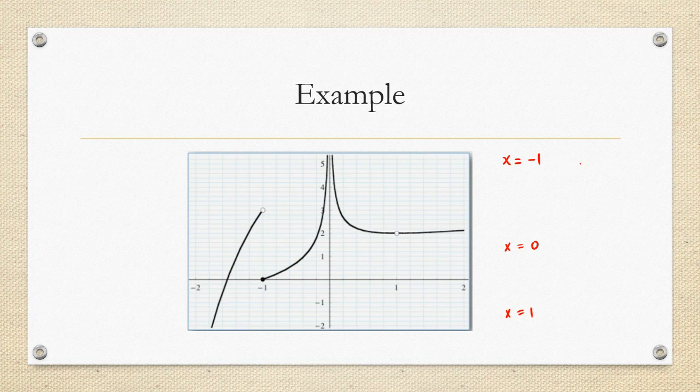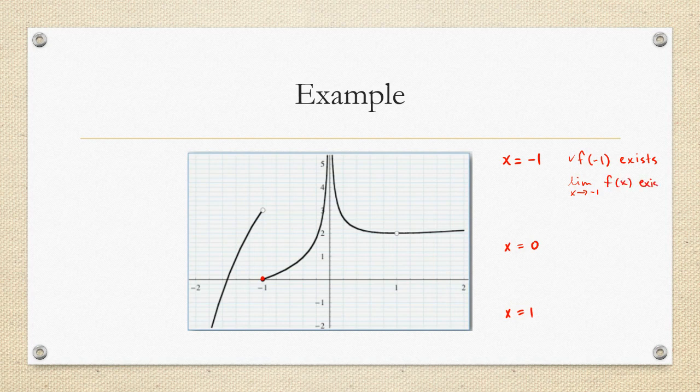x equals -1, part 1 of the test says, does f of -1 exist? Yes, f of -1 exists. It's right there, it's at 0. So yep, that's true. The second part of the test is, does the limit as x approaches -1 of f of x exist?